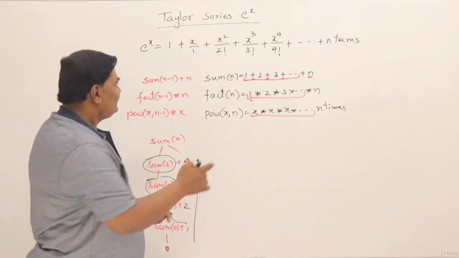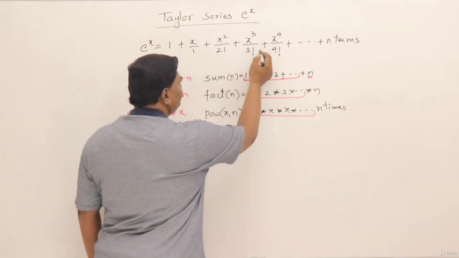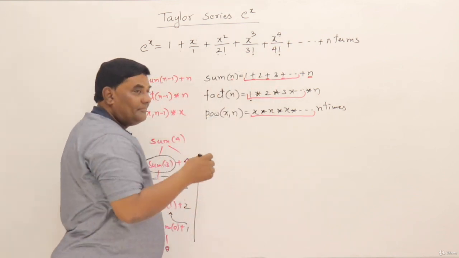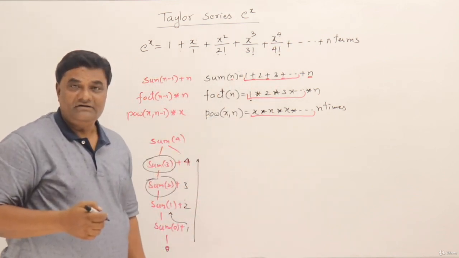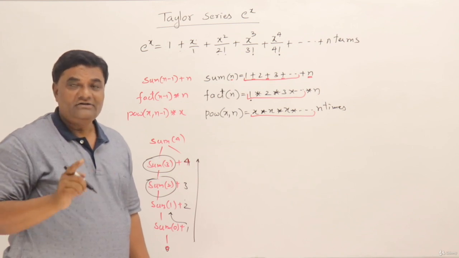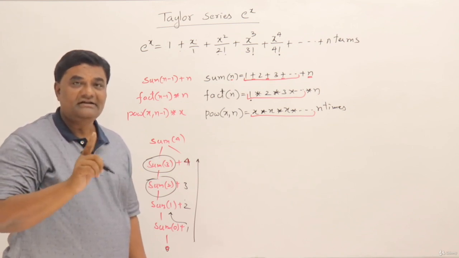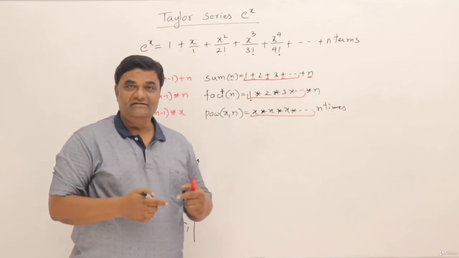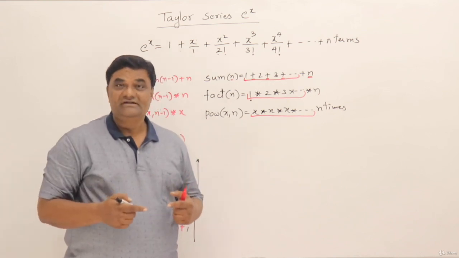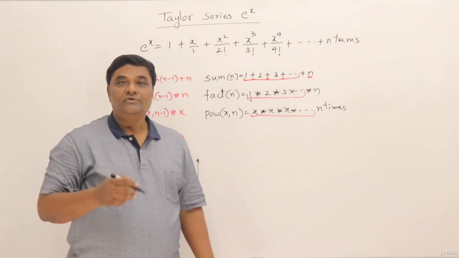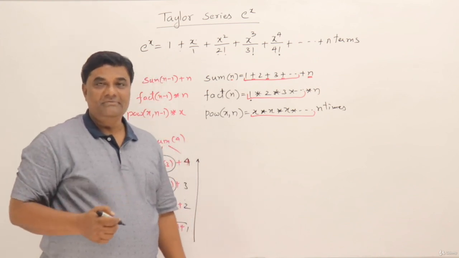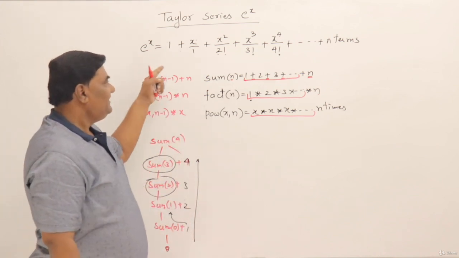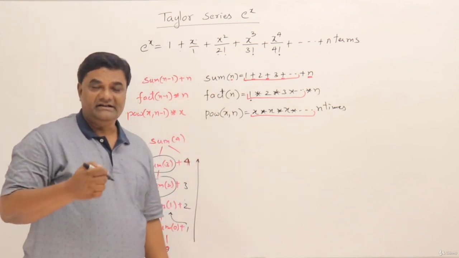So the sum of these terms plus this term we can do. But what about the power and factorial? A function can return only one value. So when you have to involve multiple values in a recursion, you can use static variables. Let me show you how we can frame a recursive function for finding e power x using static variables.